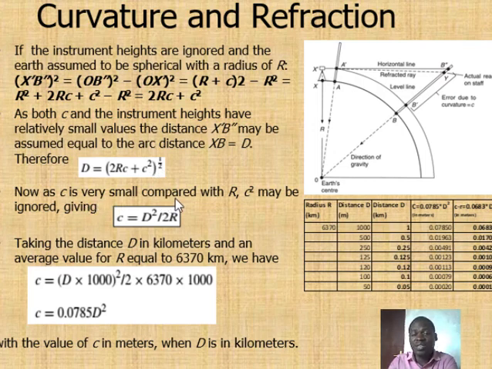Now, as C is very small compared with R, C squared may be ignored, giving C, which is equal to D squared over 2R.